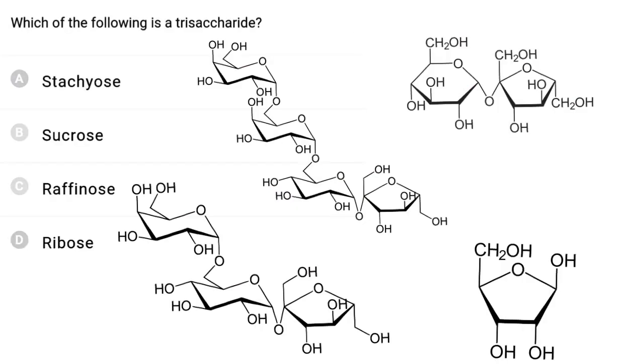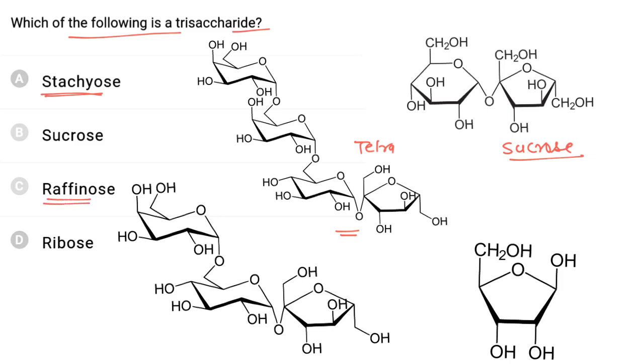In this question we have to find which of the following is a trisaccharide. Now we have stachyose, and this is the structure of stachyose, which is actually a tetrasaccharide, because on hydrolysis this molecule gives 4 monomeric units. Second we have sucrose, and sucrose is a disaccharide, because on hydrolysis it will give 2 units, 1 unit of glucose and 1 unit of fructose.